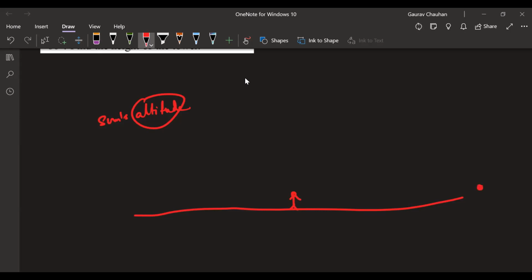It does not matter from wherever it's rising. At this point, the sun has just risen. When you look at the sun, your eye is making an angle with the horizontal. Can you see this?